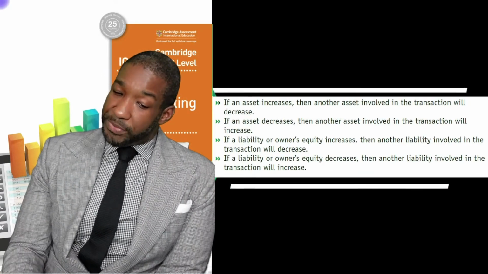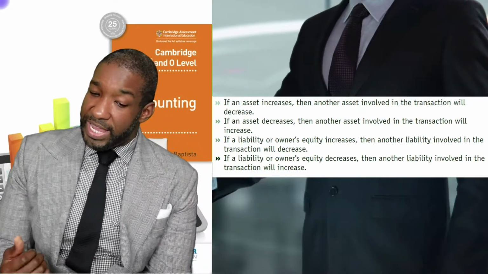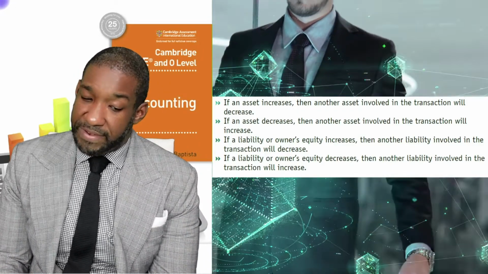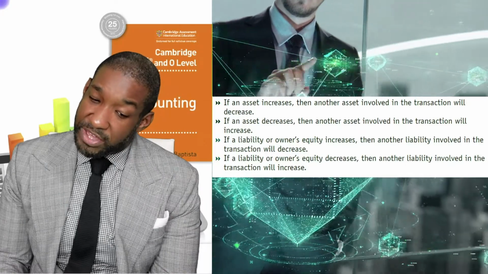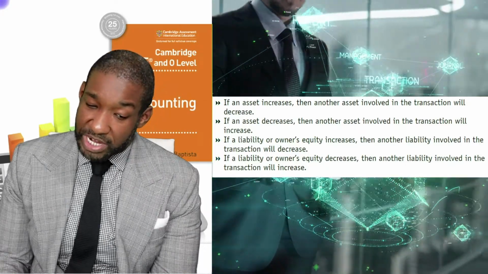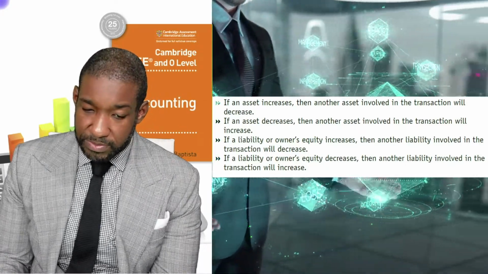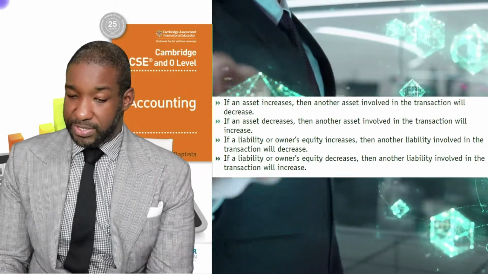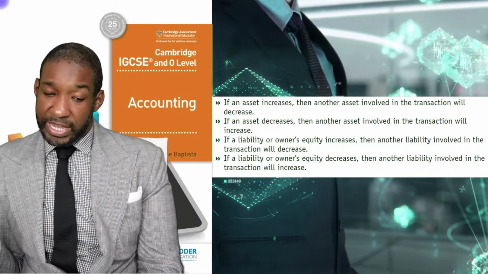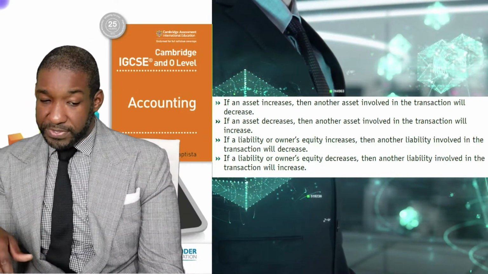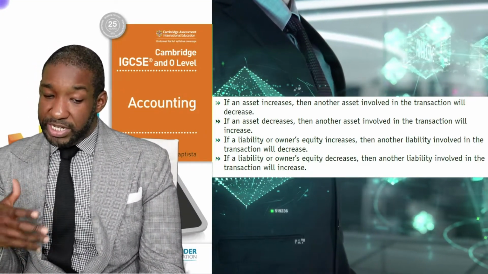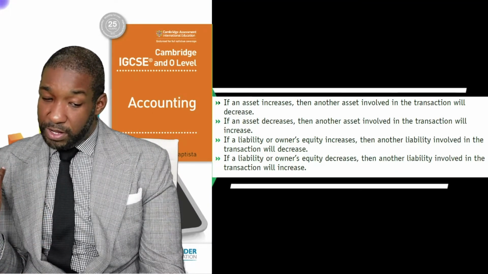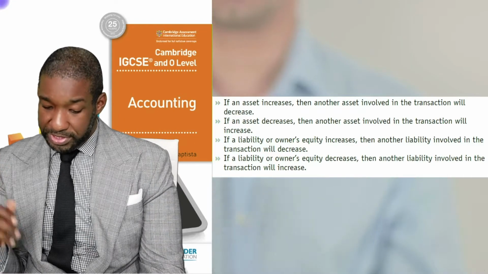If an asset increases, then another asset involved in the transaction will decrease. If an asset decreases, then another asset involved in the transaction will increase. If a liability or owner's equity increases, then another liability involved in the transaction will decrease. If a liability or owner's equity decreases, then another liability involved in the transaction will increase.